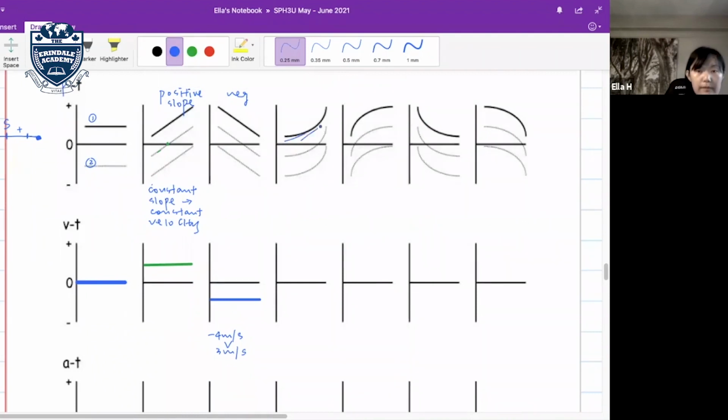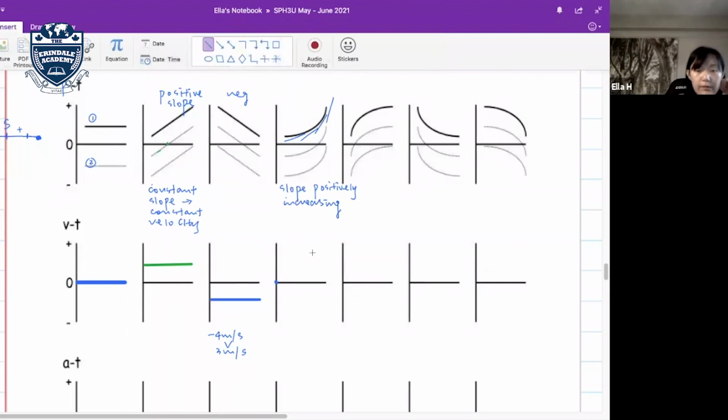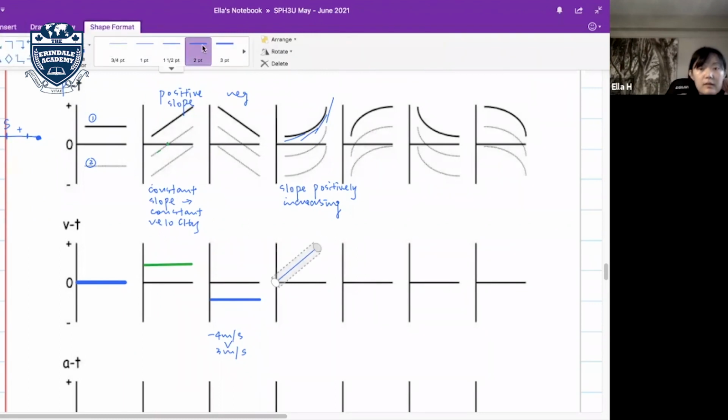First of all, I realize no matter which one, the slope is positively increasing. So we did 2 examples already for this case. So I can just start, or assuming the initial velocity is 0 meters per second, and then go straight up and then increase.